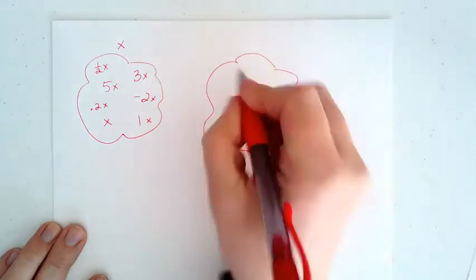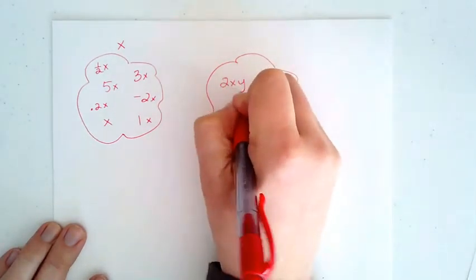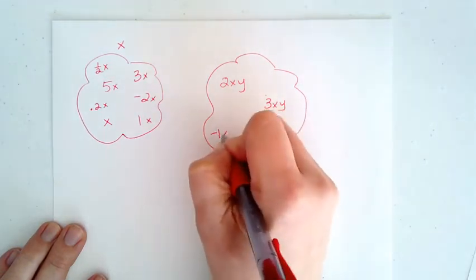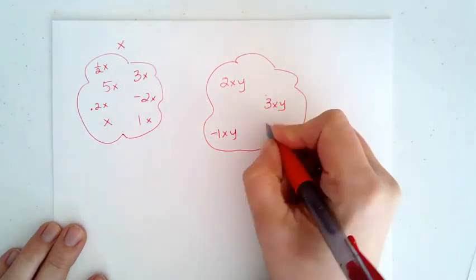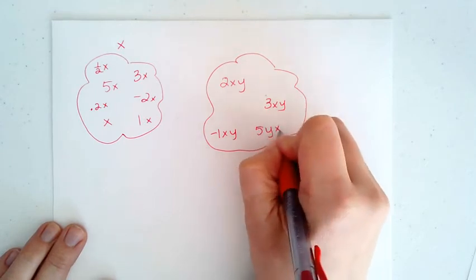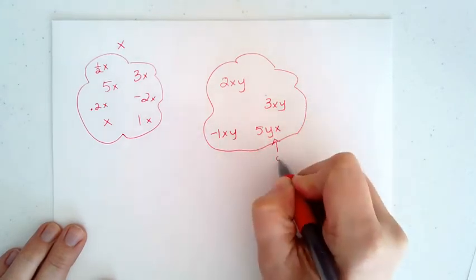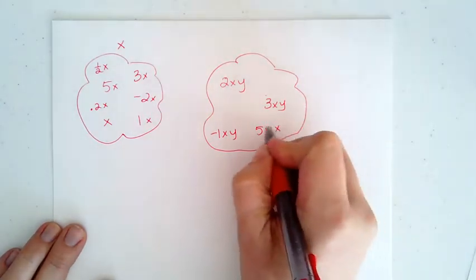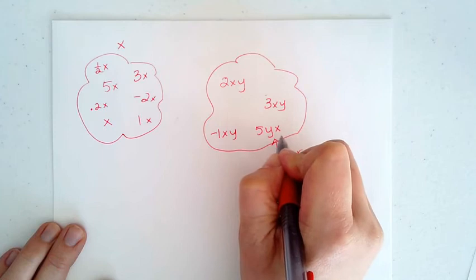Another pile could be 2xy, 3xy, negative 1xy. Now here's a curveball. I could also have 5yx. The order doesn't matter. Okay? It's the fact that I have those pieces there.